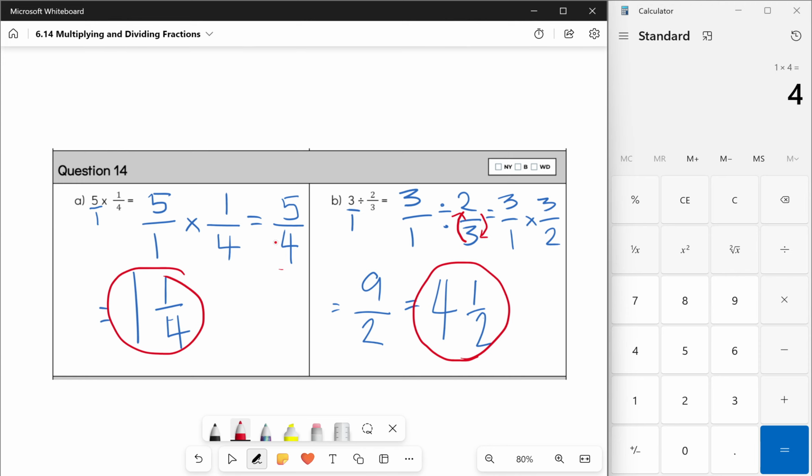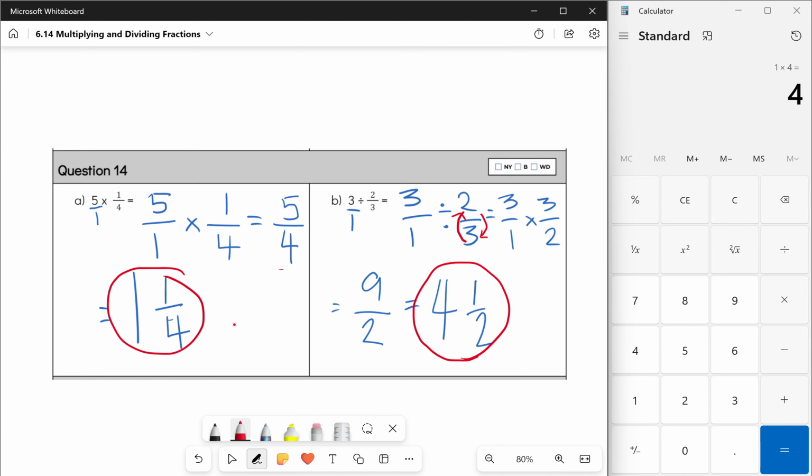How many times does 4 fit into 5? Well, only once. If we tried twice, 4 times 2 would be 8. It would be more than 5, so we can't do that. So it was once, which became our whole number, and then there was only 1 left over. 4 fits into 5, 1, with 1 left over. That 1 left over becomes our numerator, and the denominator stays the same.